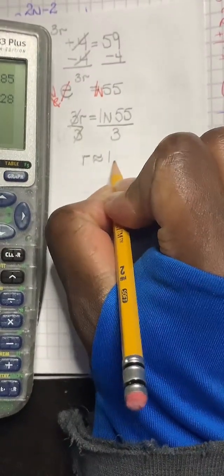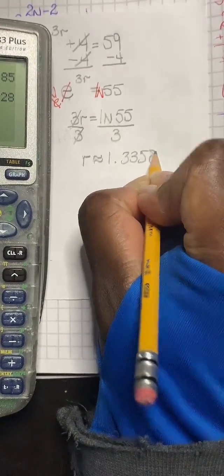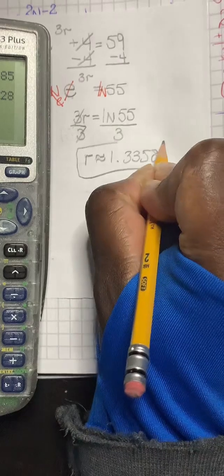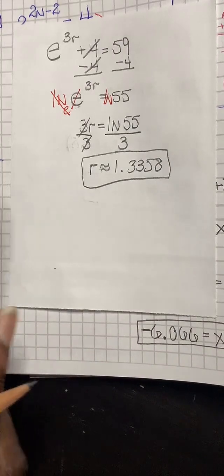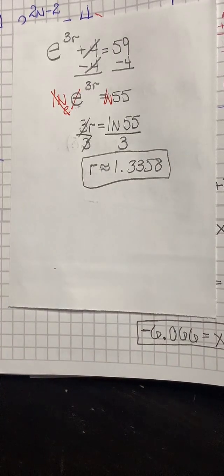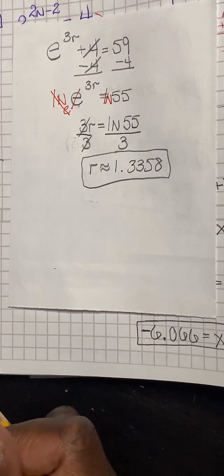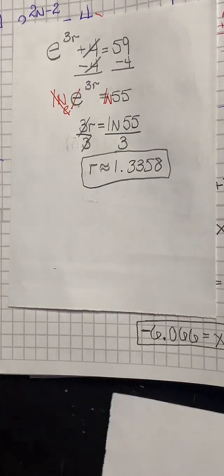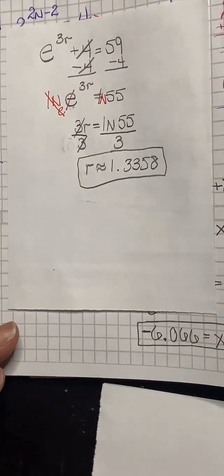So that's my approximation, 1.3358. So you're still isolating, although it's in this form. We're still doing that.